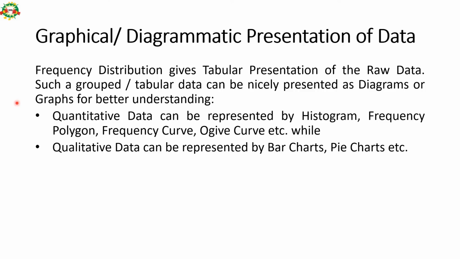Quantitative data can be represented by histograms, frequency polygon, frequency curve, Ogive curve, etc., while qualitative data can be represented by bar charts and pie charts. We will understand all these tools of graphical presentation step by step in coming slides.